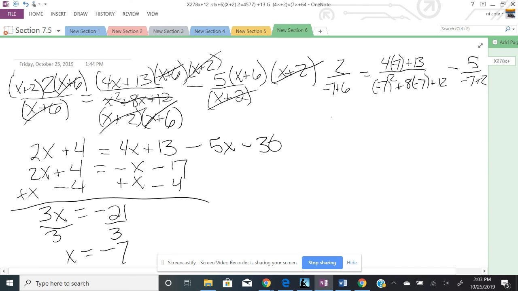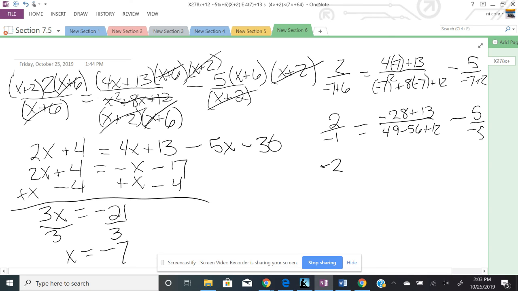All right, so is 2 over negative 1 equal to negative 28 plus 13 over 49 minus 56 plus 12 minus 5 over negative 5. All right, so here we go.